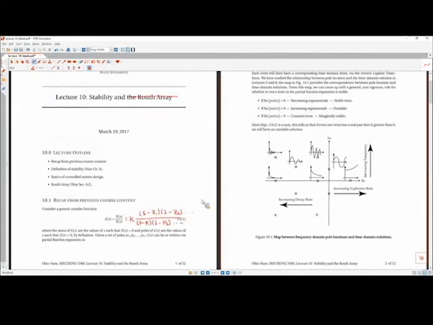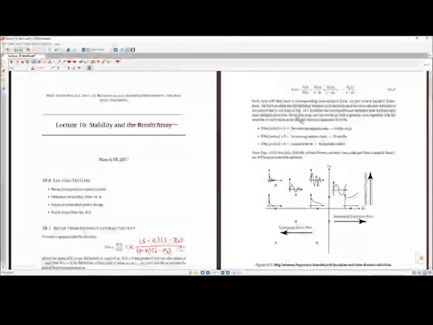Using inverse Laplace transforms, I could separate this using partial fraction expansion, or your favorite method, into a summation of terms with s plus p1 in the denominator, s plus p2 in the denominator, on and on. What this tells us is that the poles give the response, and it tells us what happens when we have even a single pole in the right half plane.